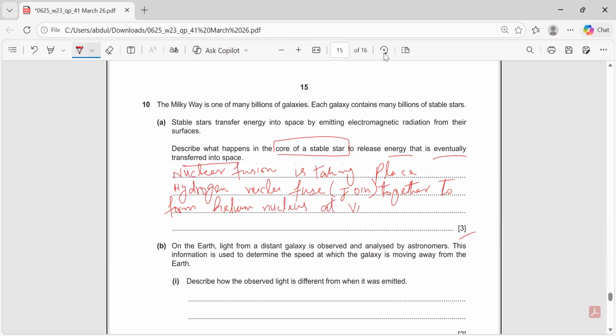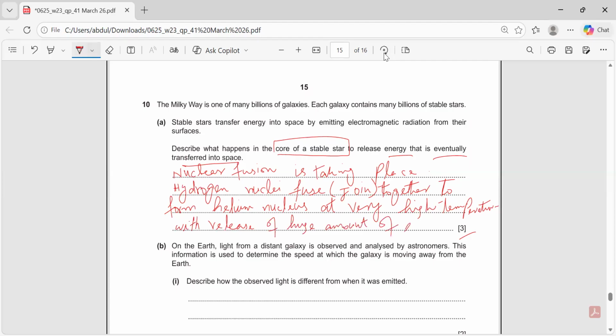at very high temperature. Even you can write extremely high temperature. With the release of huge amount of energy.